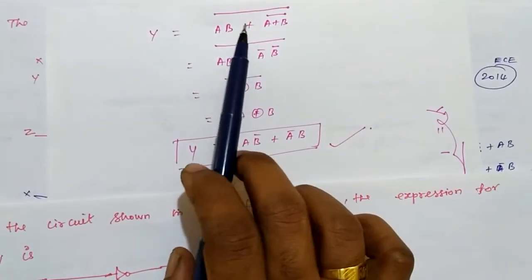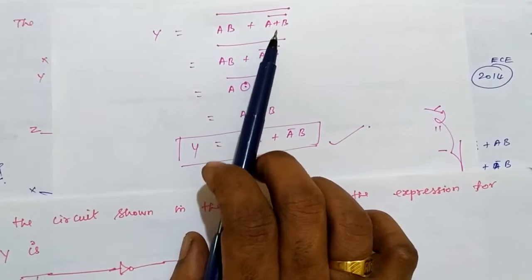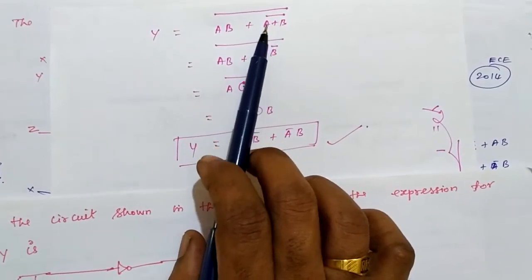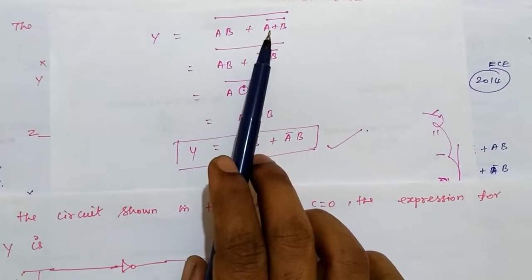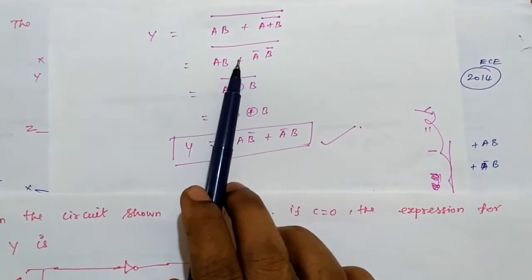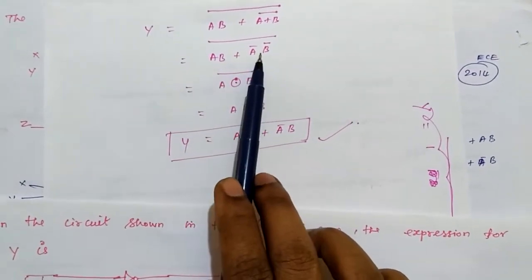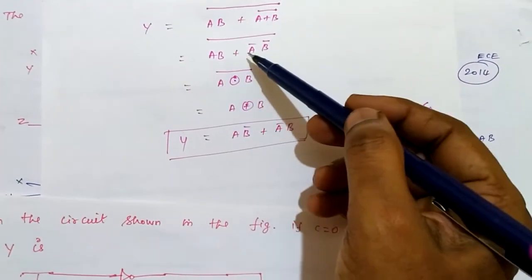So this value is AB. Now consider only this term, AB whole bar, which is equal to A bar plus B bar. So again you take this, it is nothing but AB plus A bar B bar.